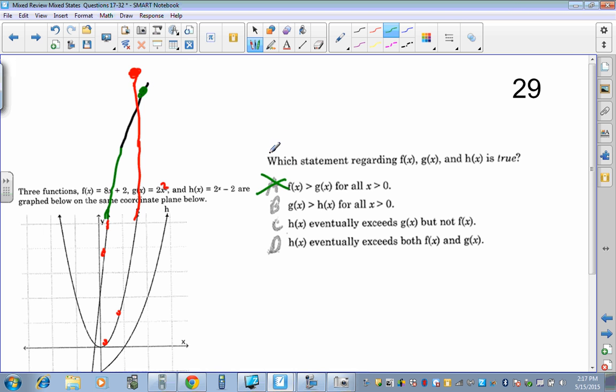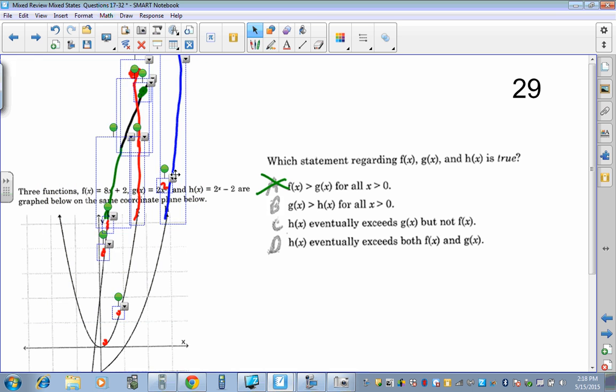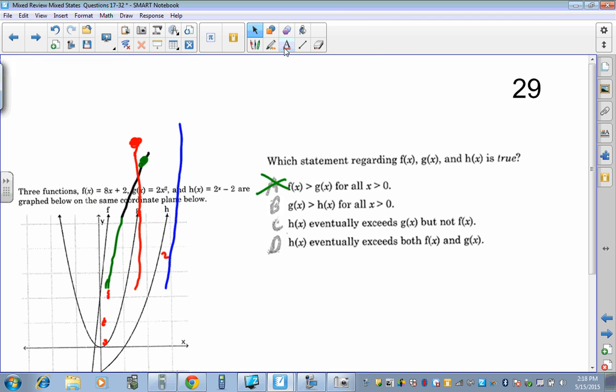Let's see. G of x, that's a parabola. Will it always be greater than h of x? Well, if you keep on extending this and go infinitely higher, what you're going to see is that eventually the exponential will be higher than the parabola at some point in the future.